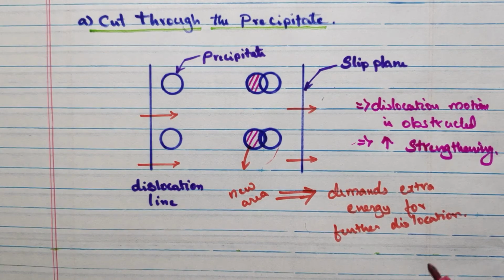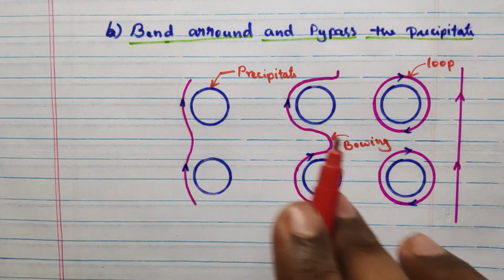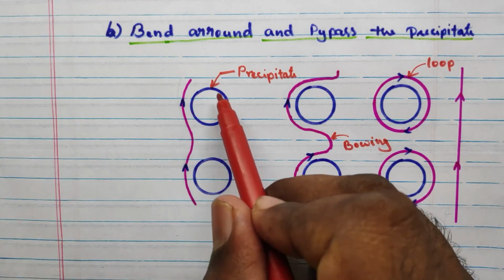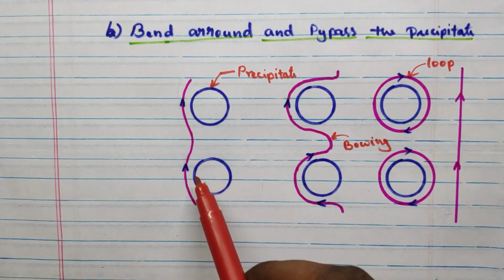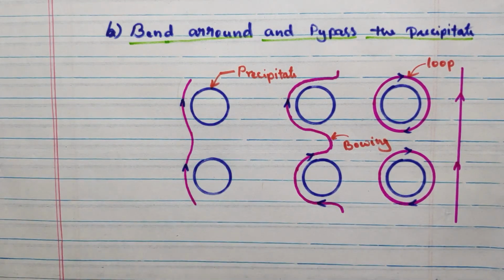Now let me move to the next one: bend around and bypass the precipitate. This kind of mechanism happens in the material because of overaging. When the material is overaged, the precipitates are larger in size, and the space between the precipitates is also larger.